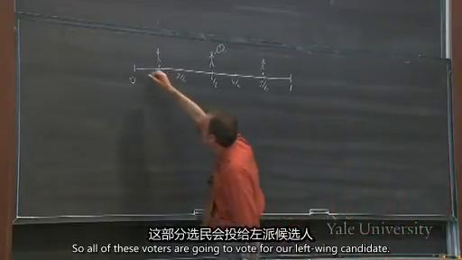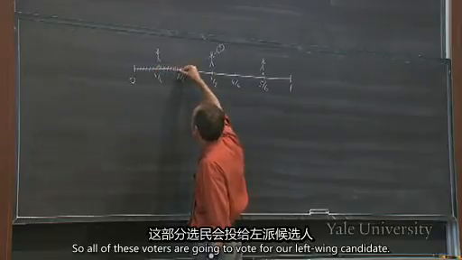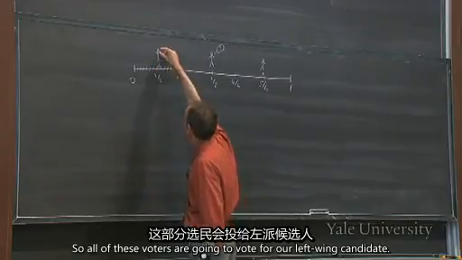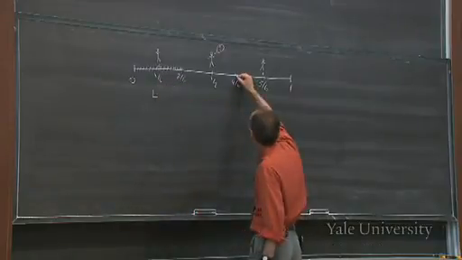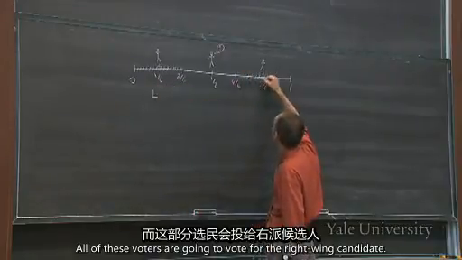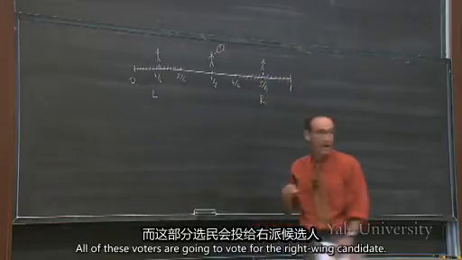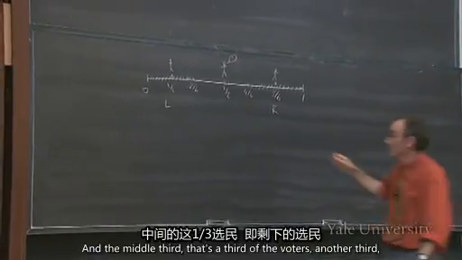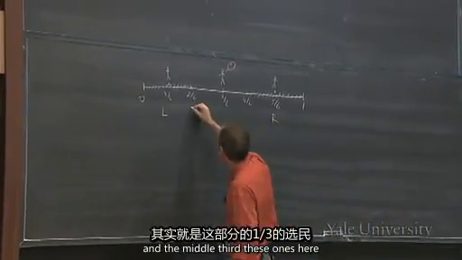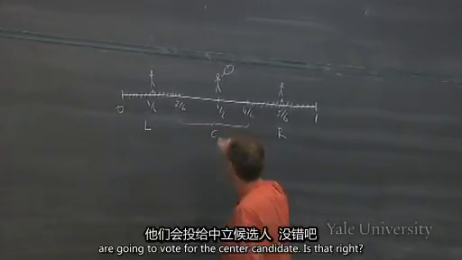All of these voters are going to vote for our left-wing candidate. All of these voters are going to vote for the right-wing candidate. They're all closest to the right-wing candidate. And the middle third, that's a third of the voters, these ones here, are going to vote for the center candidate.